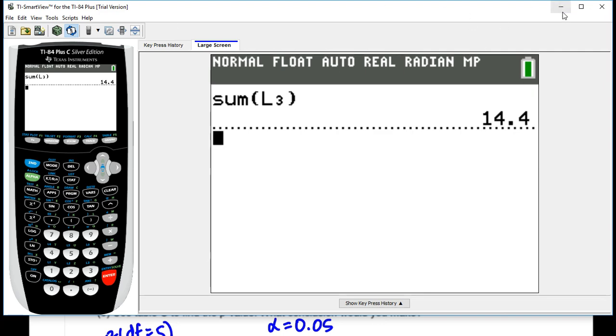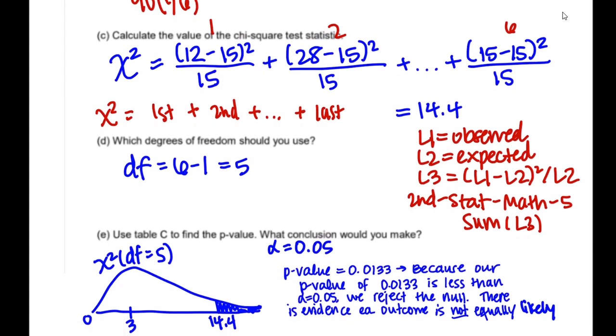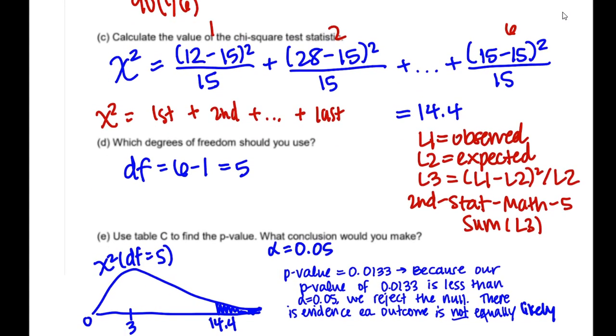Okay, so I wrote everything down for you right here. You can pause here to write it down to make sure you get it, and that's how you can get your chi-squared a little faster. There's an even faster way, but we'll show you that another time.